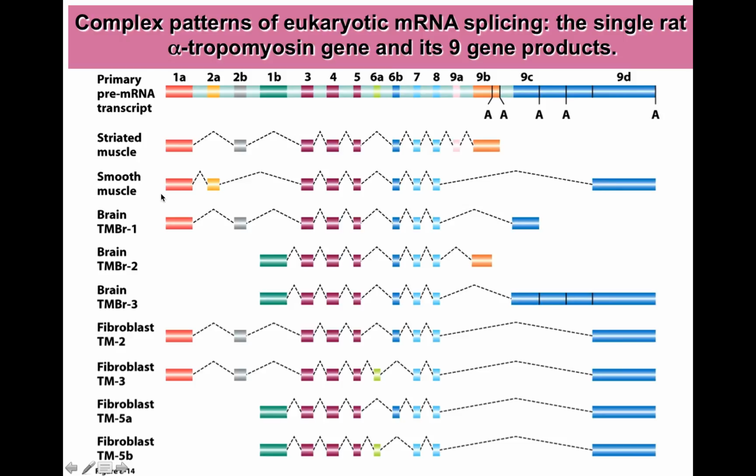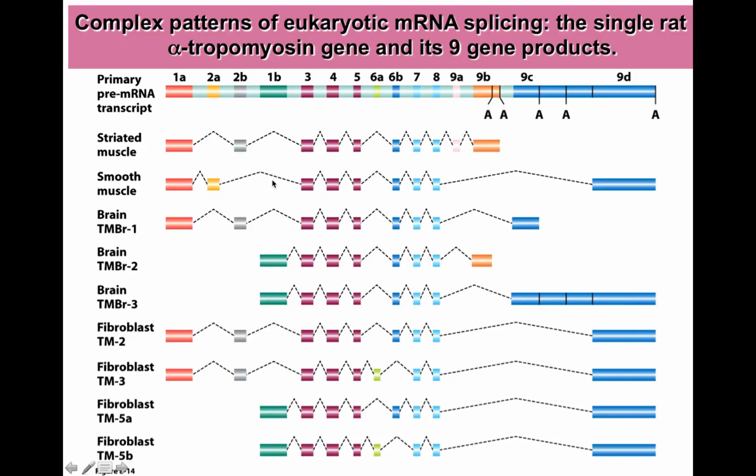Okay, both striated and smooth muscle retain exon 1, but as far as exon 2A and 2B is concerned, striated muscle chooses exon 2B, excuse me, and smooth muscle chooses exon 2A. Okay, what about this 1B exon?